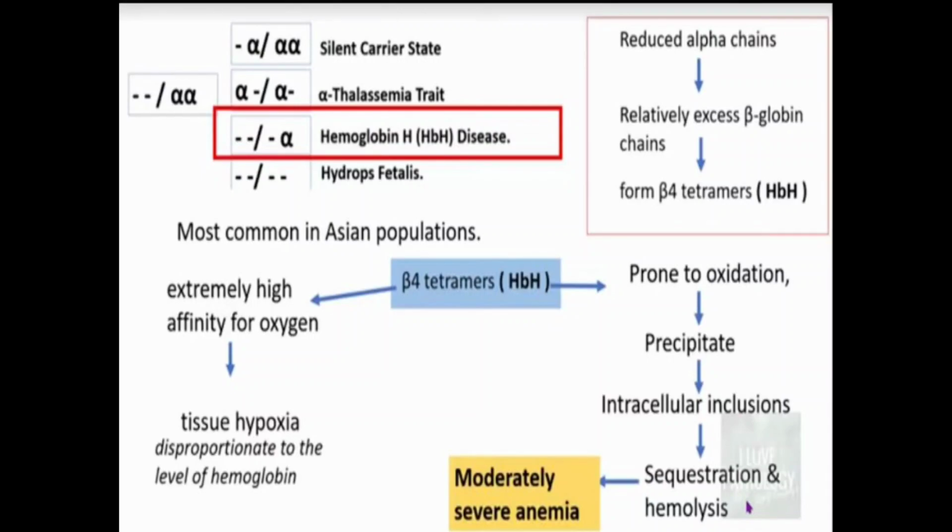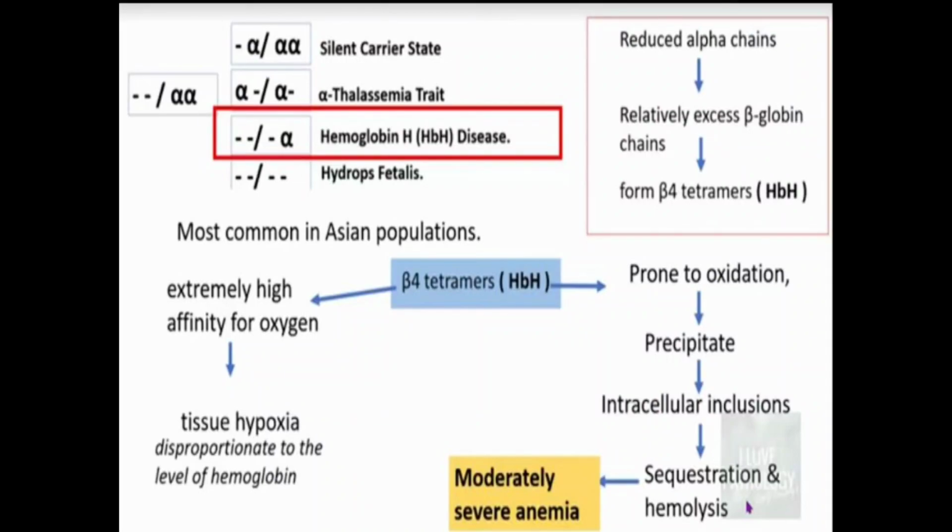Like you can see here, three are deleted and only one alpha gene is present, so it's also called HbH disease. Due to the very decreased level of alpha chains, there's going to be relatively increased beta chains because they are normal. So that leads to a scenario where there are increased beta chains called HbH or beta tetramers.